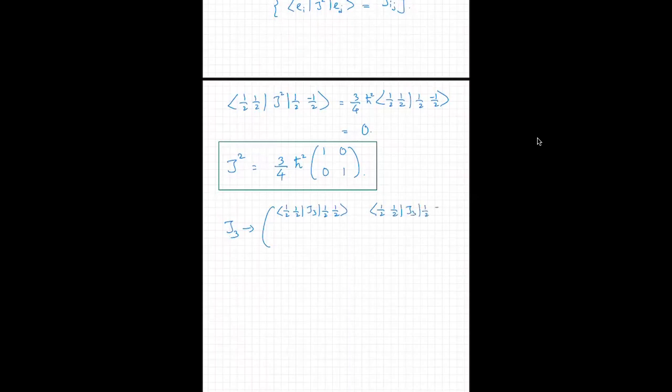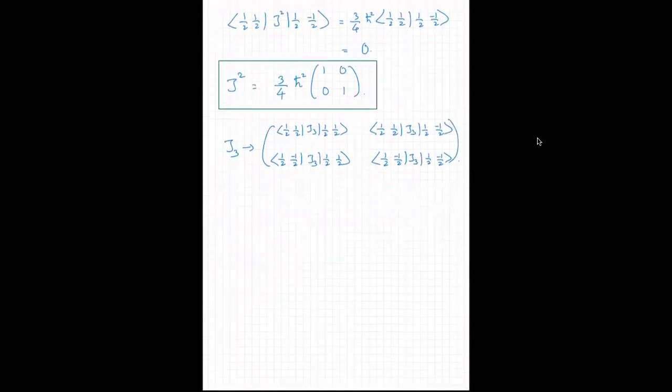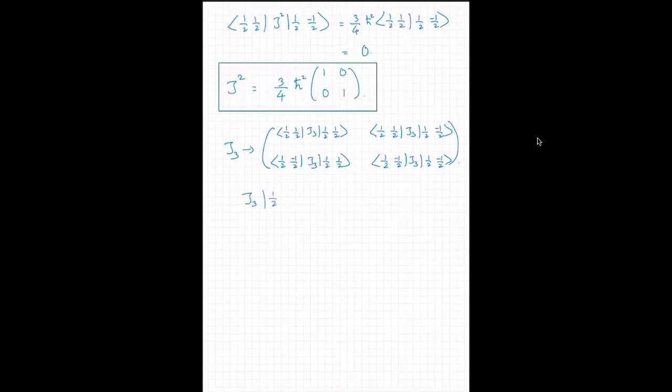I'll write this out explicitly just for this case, and then I will use a symbolic notation for the J1 and J2 operators. Using the fact that J3 acting on |1/2,1/2⟩ is m h bar, m for this state is 1/2, so it is h bar over 2 times |1/2,1/2⟩. And J3 acting on |1/2,-1/2⟩, m here is minus half, so this will be minus h bar over 2 times |1/2,-1/2⟩.